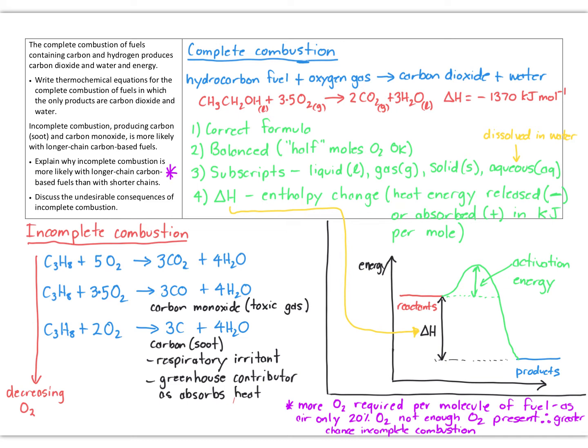If you remember, we looked at these reaction profile diagrams earlier in the year when we looked at rate of reaction. We have a certain energy of the reactants here. Along this axis is the reaction progression or reaction coordinate. Here we've got products. In this case, the reactants have more stored energy than the products.